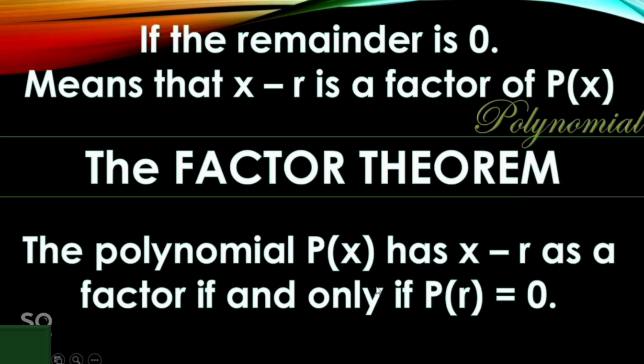Okay, in short, kapag ang result ng p of r is 0, ibig sabihin, yung factor na binigay na x minus r is factor ng polynomial p of x. Pero kapag ang result ng p of r ay hindi 0, ibig sabihin, yung factor na binigay na x minus r ay hindi factor ng polynomial p of x.